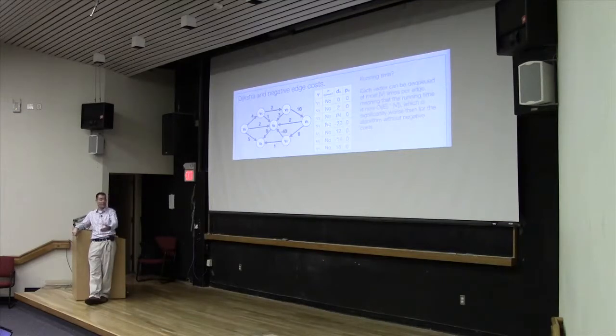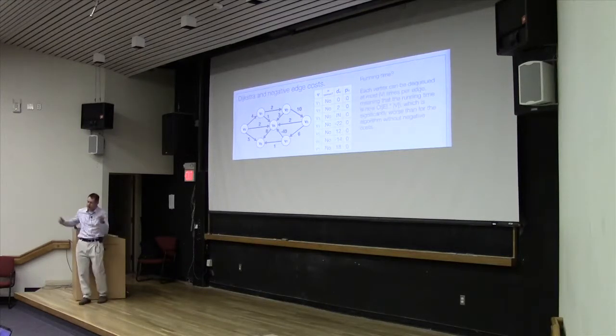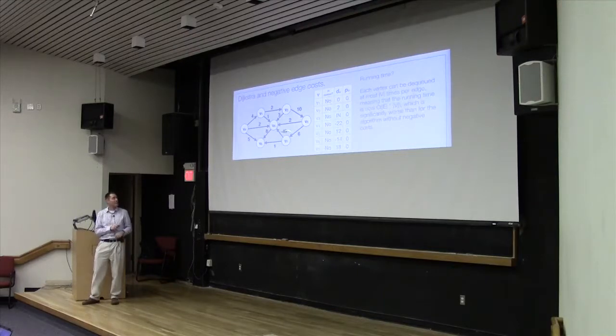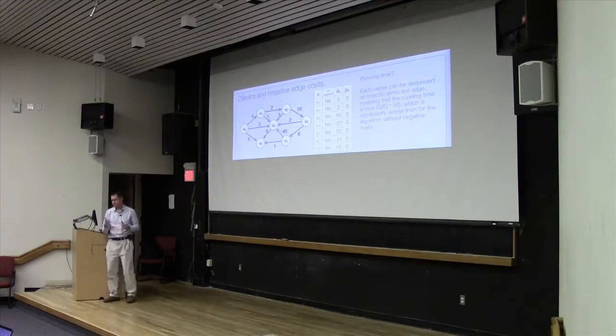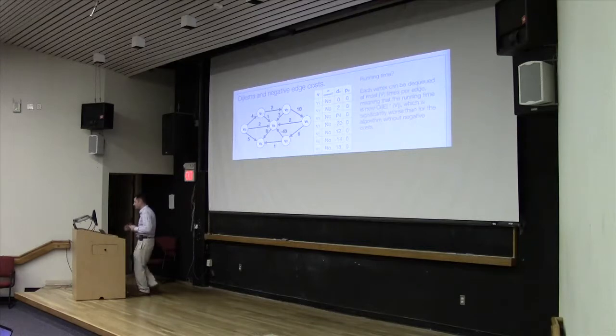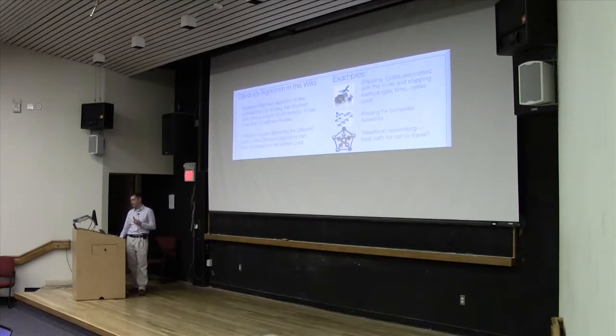Therefore, you have to put them all back on the queue, which means the running time is on the order of the number of edges times the number of vertices. That's not so good, much worse than order E log V. It's now E times V. But most of the time, graphs do not have negative vertices, so you're OK most of the time. All right? Good. No negative cost cycles.